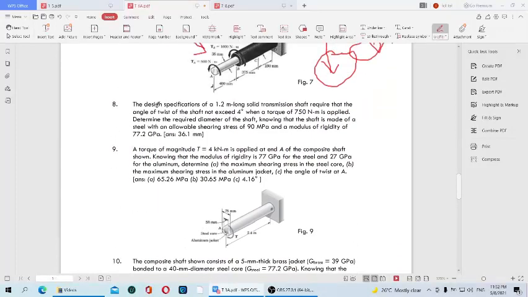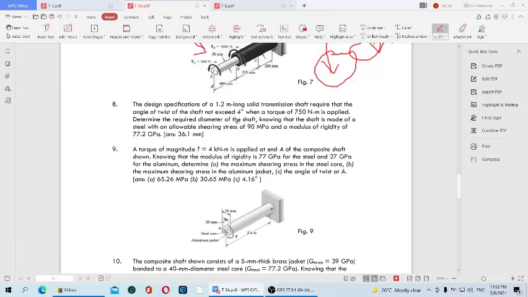The 8th question. The design specification of a 1.2 meter long solid transmission shaft requires that the angle of twist of the shaft not exceed 4 degrees when a torque of, say, 750 Nm is applied.